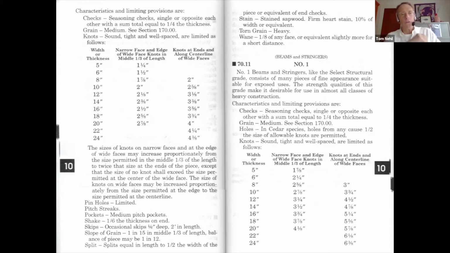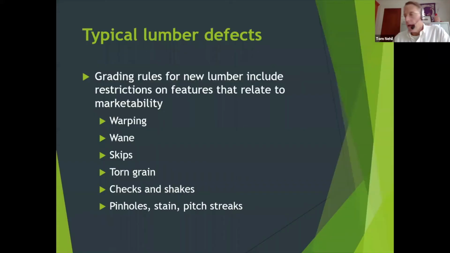Don't try to read all this, but the point is that for a given grade, the rules identify a number of characteristics and tell us what the maximum size or number is of a certain characteristic.